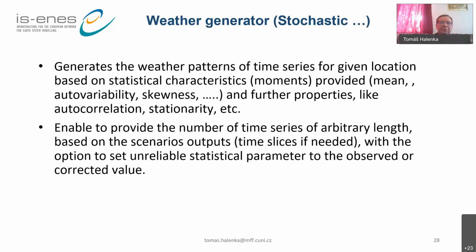There are techniques to use them even for daily data, but the weather generator is a typical tool used based on climate characteristics, I mean distributions and all the moments, and even some autocorrelation between the data.